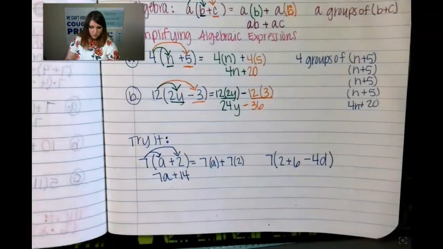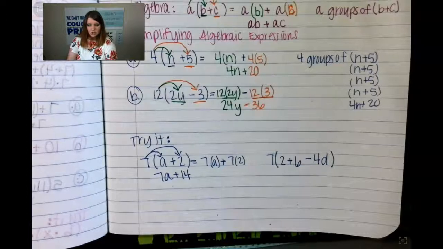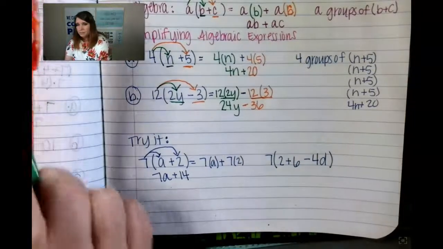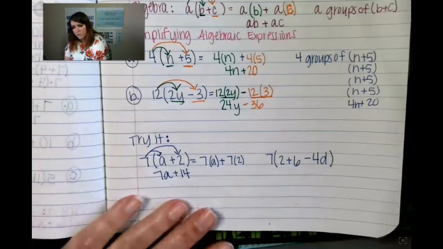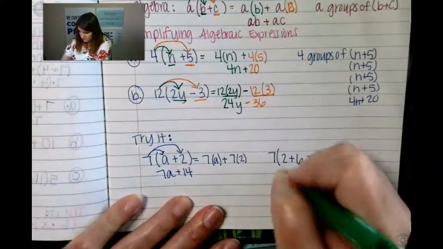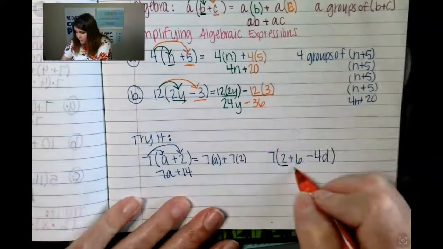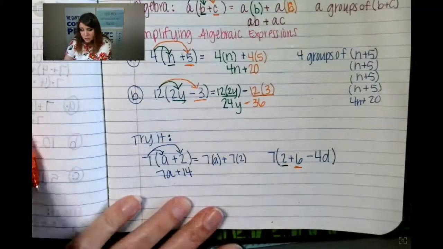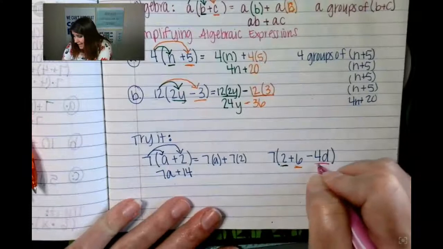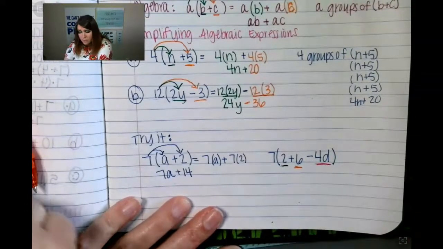This one is a little bit trickier because I was challenging you. So I'm going to use 3 colors because there are 3 terms. There's a 2. There is a 6, which is our first term, our second term, and now I have a third term.